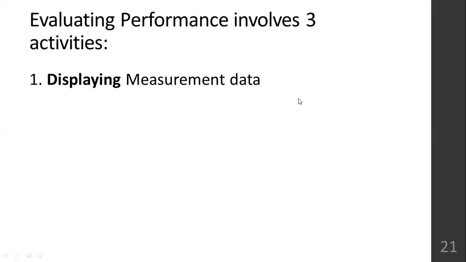Coming to evaluating performance activities, there are different steps into it, 3 steps of this performance evaluation. First, you display the measurement data. So whatever data collection has been done, you have to show it on screen.